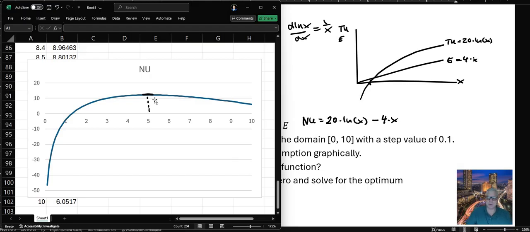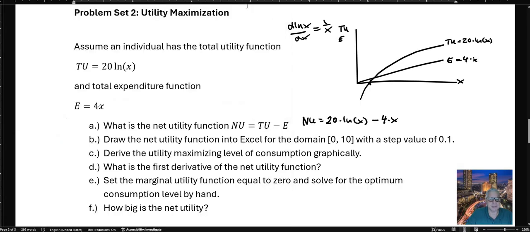That's why we always use the condition that where the first derivative, the slope, is 0, we have a maximum or a minimum, could be a minimum too. But just from a graphical inspection, we can see that we probably have a maximum at a value of 5. So 5 seems to be the optimum level of consumption.